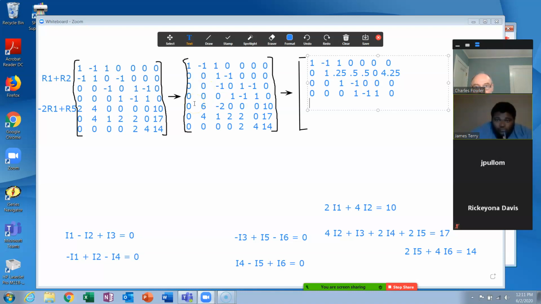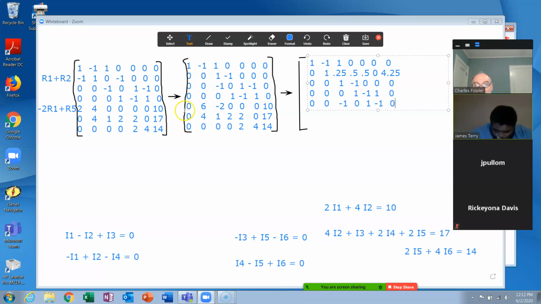That's going to be a 0, blank, blank, blank, 0, blank, blank, blank, -1, blank, blank, 0, blank, blank, 1, blank, -1, blank, blank, 0. Okay. So that's our row 5.